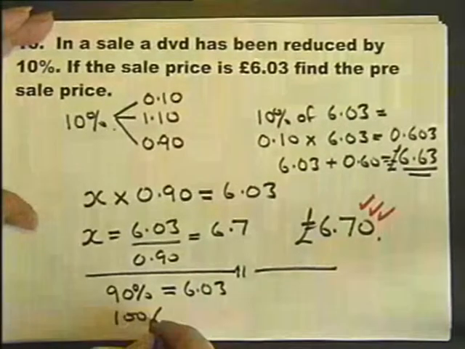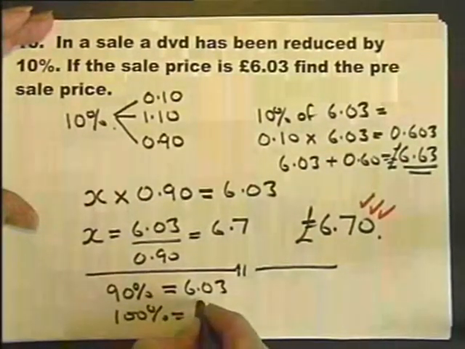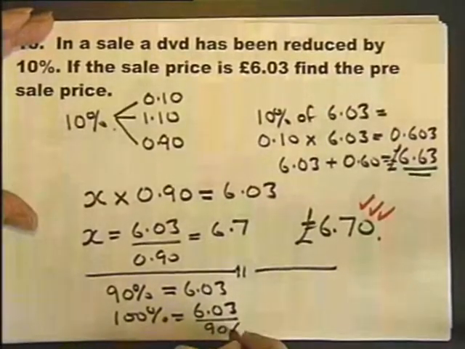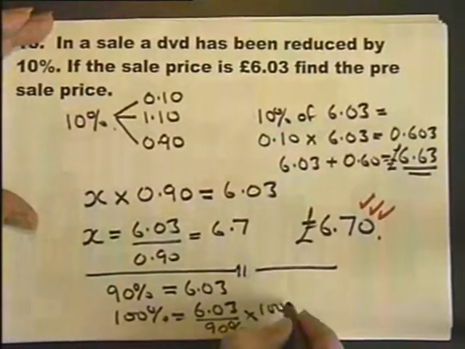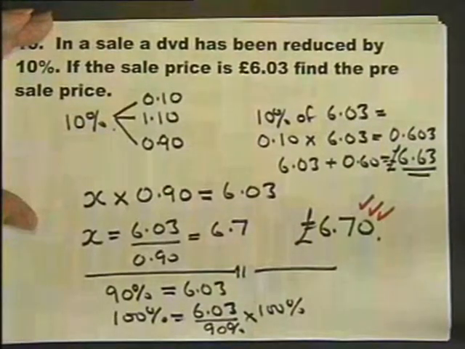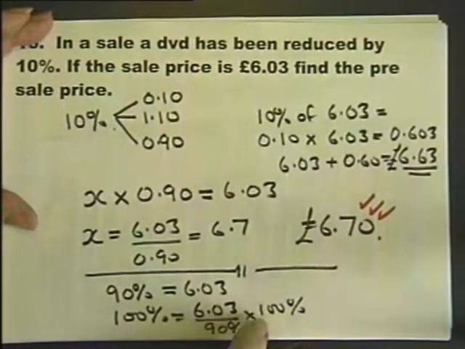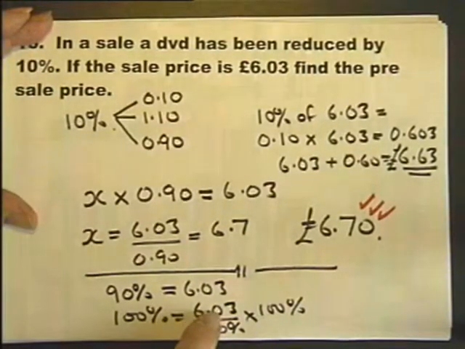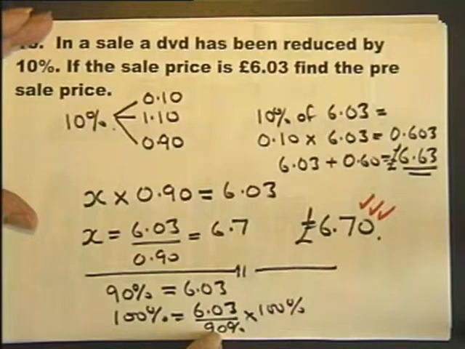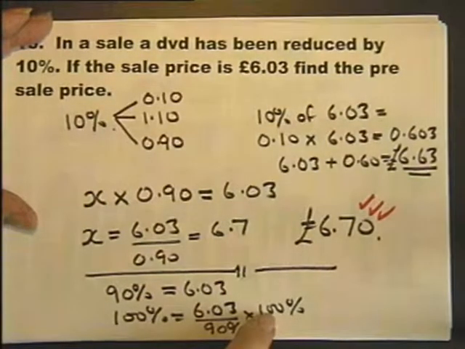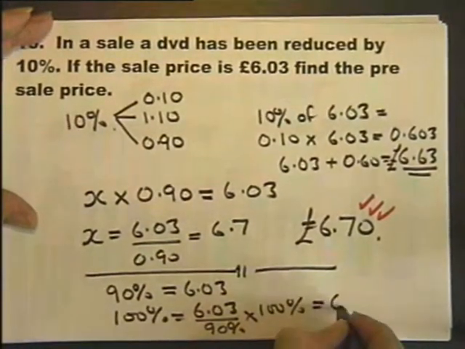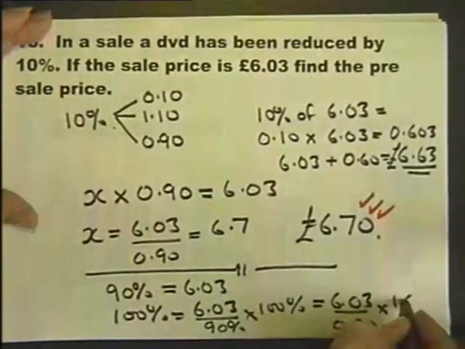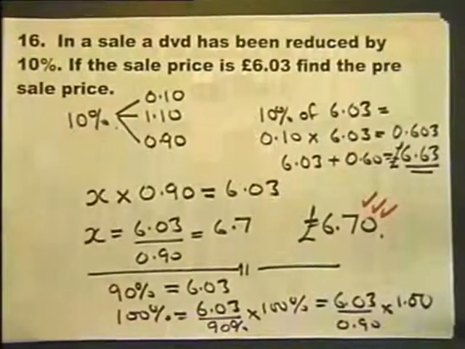Therefore 100%, taking it back to the original price, would be that divided by 90% multiplied by 100%. And if you change these to decimals, you get exactly the same as I got there. 6.03 divided by 0.9 multiplied by 1.00. So it is in fact the same thing. But it's just a different way of thinking about it.